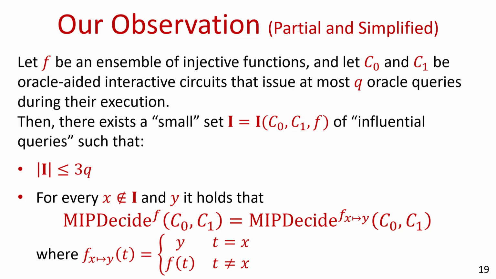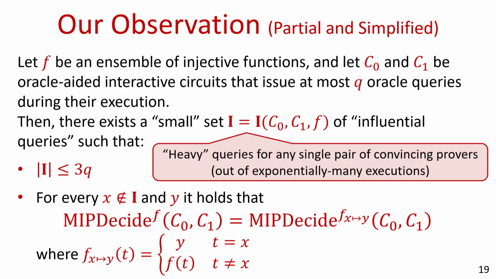As for notation, we denote by f sub x maps to y the ensemble obtained by modifying f to output y on input x. Note that modifying f on more than a single input, even outside of I, does not guarantee that the output of MIP_decide does not change, as opposed to the critical set of BDV.